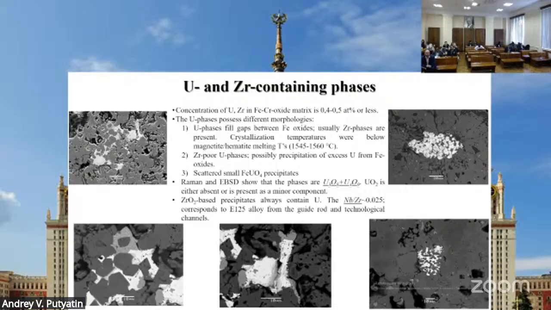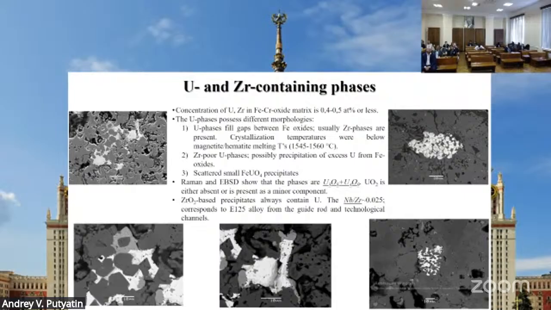So when the stoichiometric fuel, hot stoichiometric fuel, starts to interact with hot steam, it starts to oxidize, forming hyperstoichiometric uranium dioxide, and it melts easier. Of course, you also have some contribution of zirconium, which also liquefies the fuel.